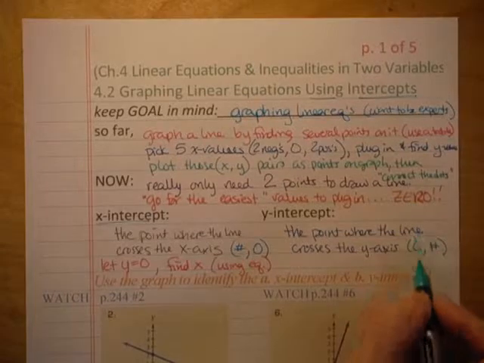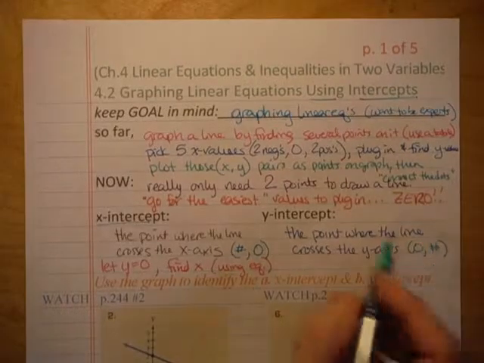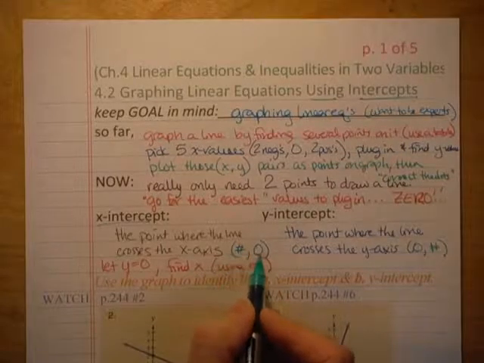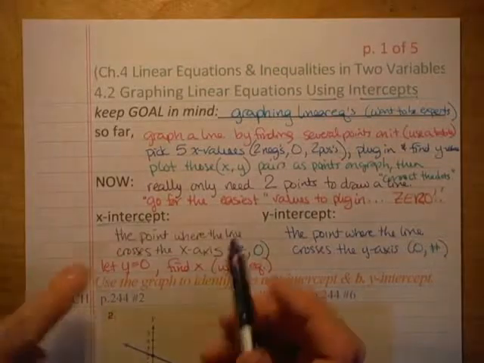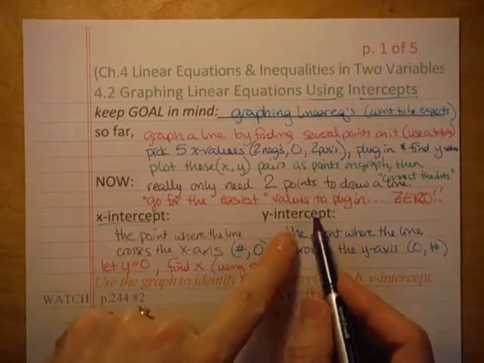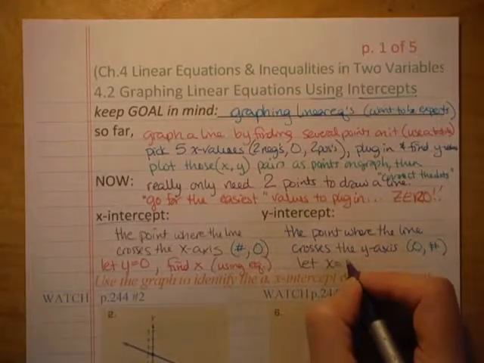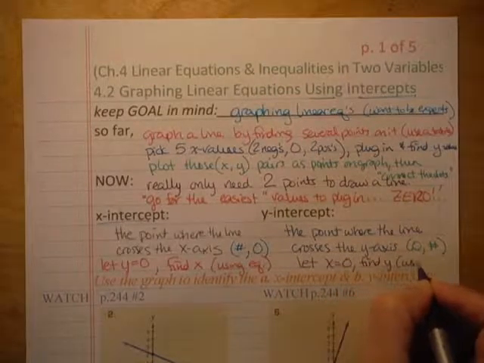So it stays right there at the origin and then goes up and down somewhere on the y-axis. For the x-intercept, it goes somewhere left to right on the x-axis and then stays put. It stays on that x-axis. So to find the x-intercept, we let y equal 0 then find x. We'll do the exact opposite to find the y-intercept. We're going to let x equal 0. And then we'll find y, of course, again, using the equation.